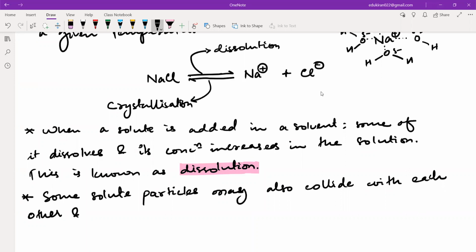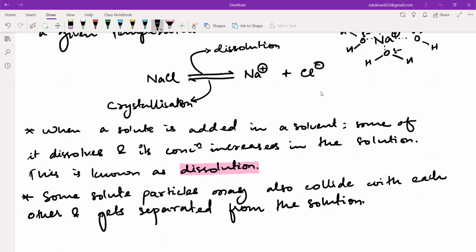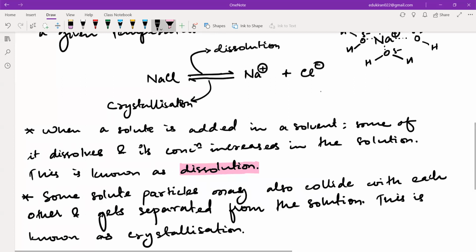Even though you will see that they are inside the water, they are not dissolved, so they are separate from the solution. This is known as crystallization.